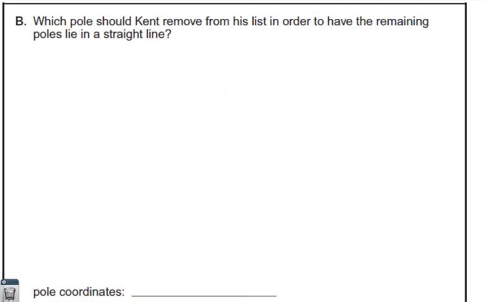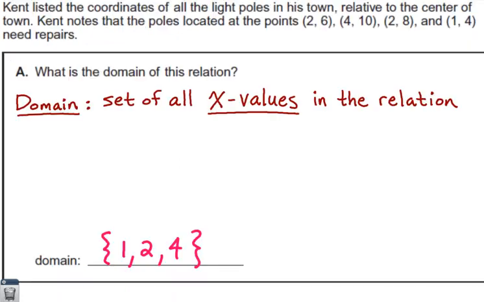Part B talks about removing one of these ordered pairs in order for the other ordered pairs to form a straight line. Well, if they were all on the same line, then if you were to find the slope between any two of them, say between 2, 6 and 4, 10, it might be very easy to do.